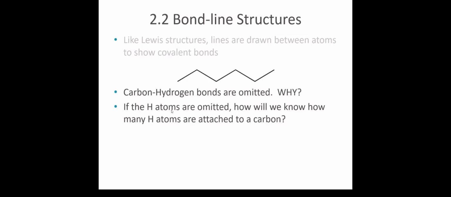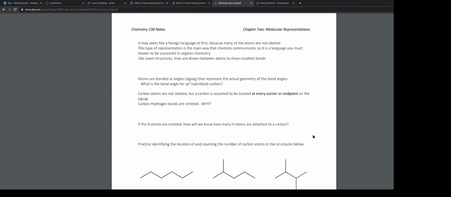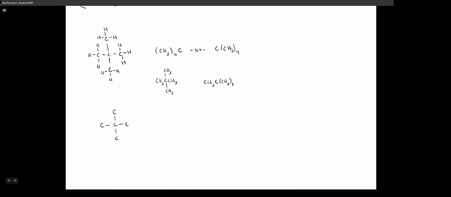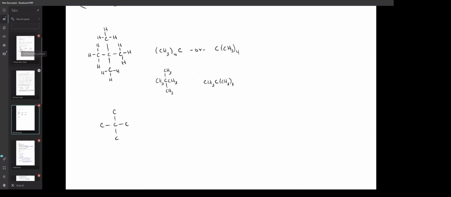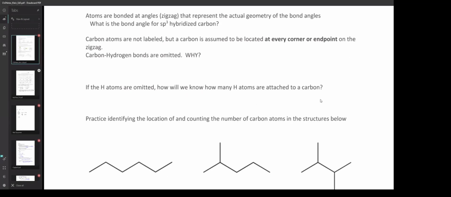So if we don't show them, how do we know how many are on a carbon? Remember, the rule is carbon makes 4 bonds. Any bond that is not shown is to a hydrogen. Okay. So that's the key thing to understand there. Any bonds which are not shown are to a hydrogen. So that's the key logic.